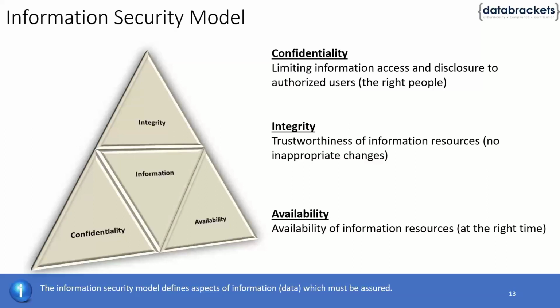So confidentiality, as it says, is limiting information access to only authorized people, right? For example, the front desk people don't need to know the specific condition of the patient who is coming in. They don't need to have access to the notes. They don't need to have access to some of the other sensitive information about the patient. That's just an example.